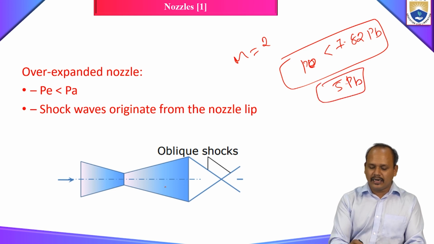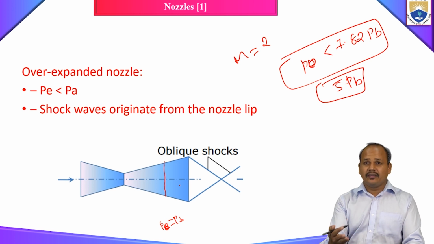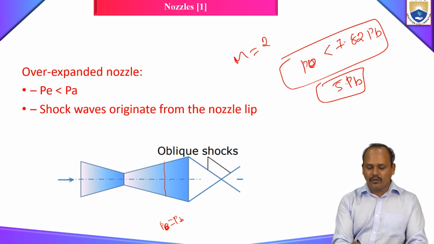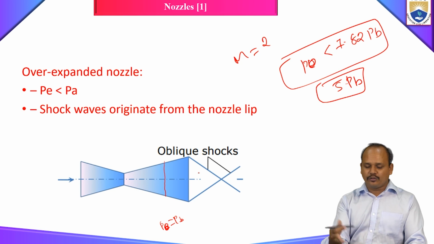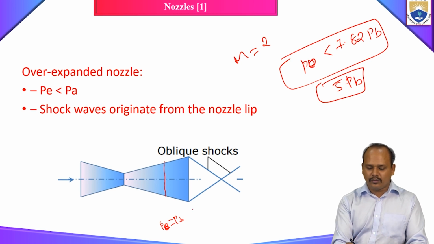What will happen is that somewhere inside your divergent section itself, the pressure at that location will be equal to the back pressure, but still your area is increasing. So your flow will continue to expand. Because of this expansion, what will happen?